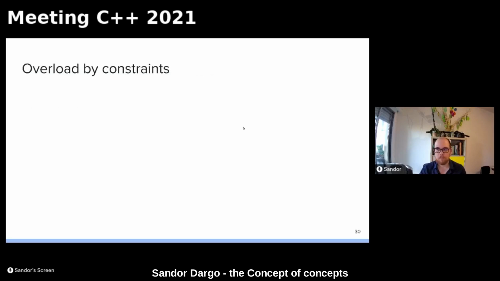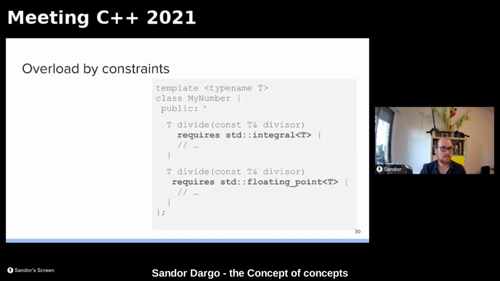And then we are going to use a bit the trailing requires clause, because you can overload your functions in a template class by constraints. So let's say you have this class myNumber, where we have a template parameter T, and here we provide two implementations, two overloads, if you like, for the divide function.